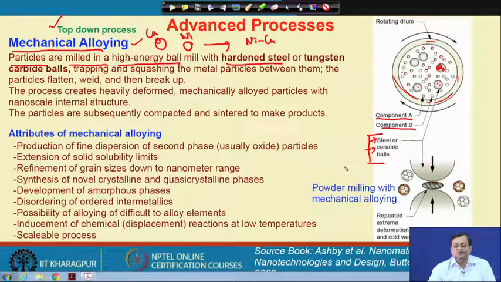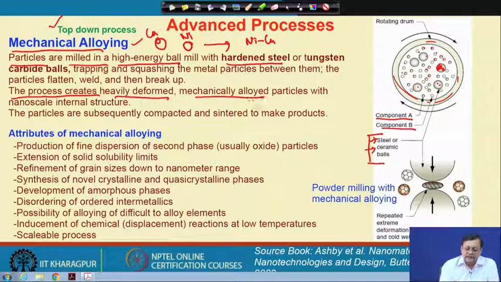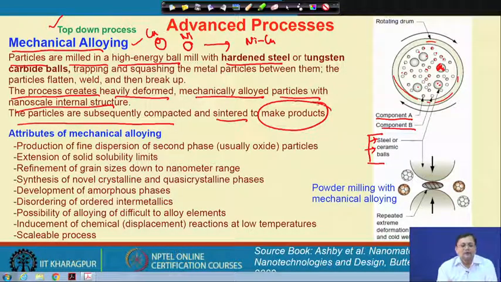It depends on which material you are going to produce from the initial material. So, let us go through this process. The process creates heavily deformed mechanically alloyed particles with nanoscale internal structures, and these particles are subsequently compacted and sintered in order to make the final product.